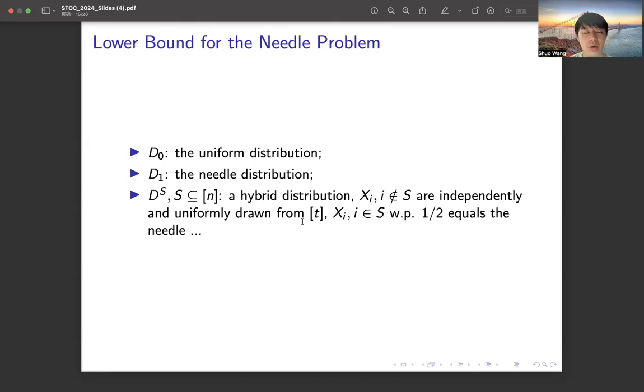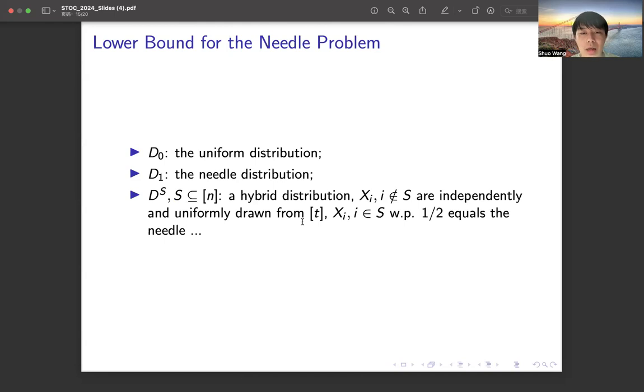And another newly defined distribution is called D_S. Here, S is a parameter and it is a subset of [n]. And it is a hybrid distribution. For those i not in S, x_i are independently and uniformly sampled from T, just like the uniform distribution.